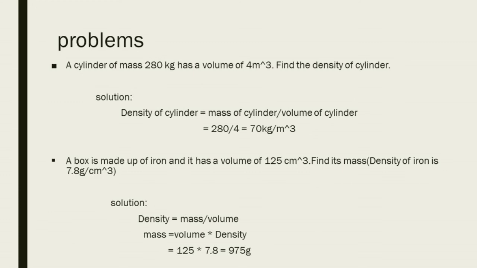So we need mass, so take out the mass. Now the formula will be volume into density. So 125 into 7.8 is equal to 975 gram. Why are we using gram here? Because the density of iron here is denoted in gram.